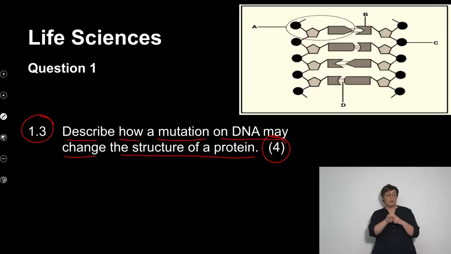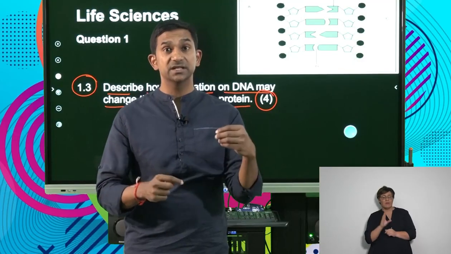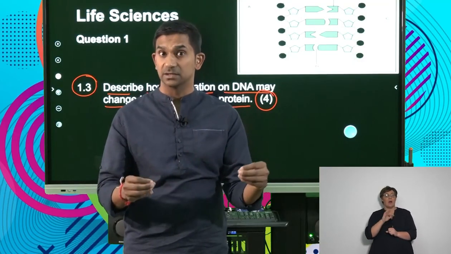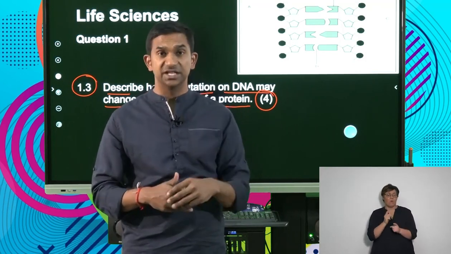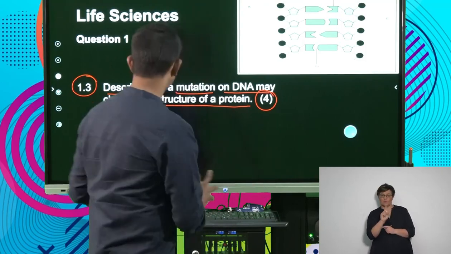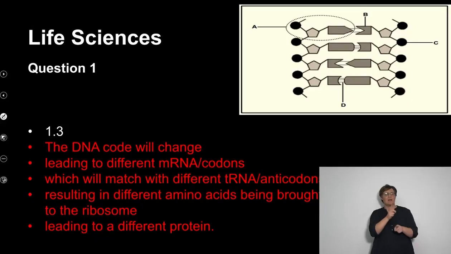We've got to recognize that genes code for the sequence of amino acids that make up a protein. So when there is a change in the gene, it's going to in turn affect the chain of amino acids. Well, it may affect, depends on the type of mutation that takes place. So let's try and unpack how you would answer a question like this.